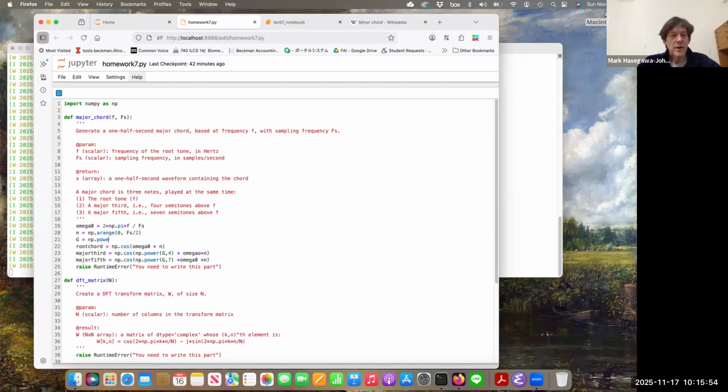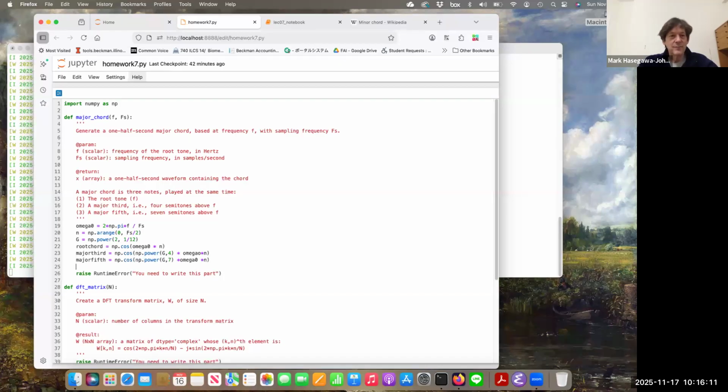So that will be 1 octave to the 1/12th power. So we have g is 1 octave to the 1/12th power. We take that to the 4th power times omega naught to get the major third, that to the 7th power times omega naught to get the major fifth, and then we'll add them all together.